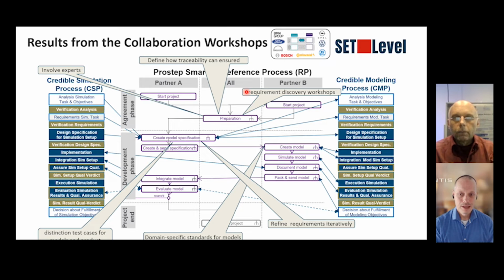We have to clarify openly what models shall be used for, which models are available, and what the assumptions behind these models are. This is important so that we make it clear early that models are available for a certain purpose. And it is also very important that we ensure the same understanding of terms.